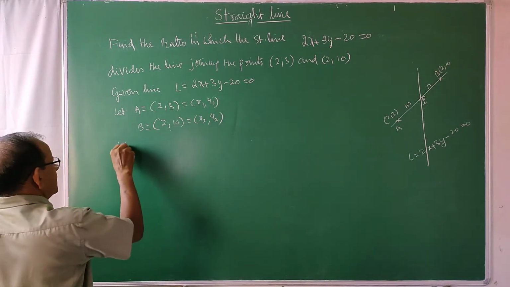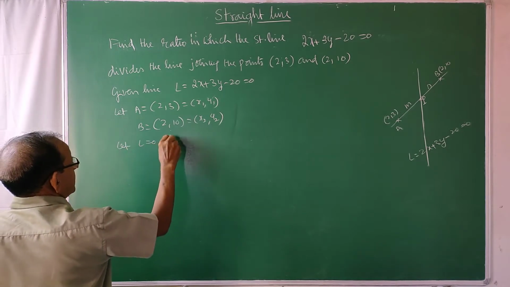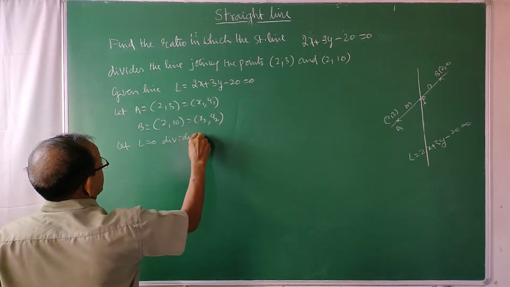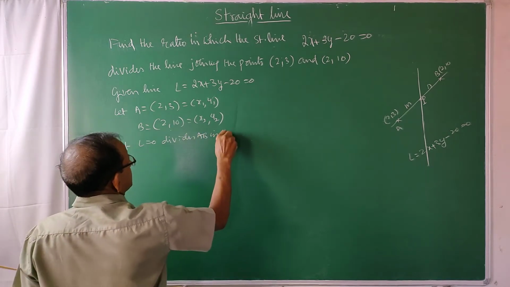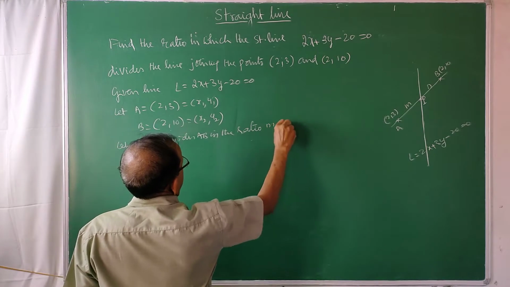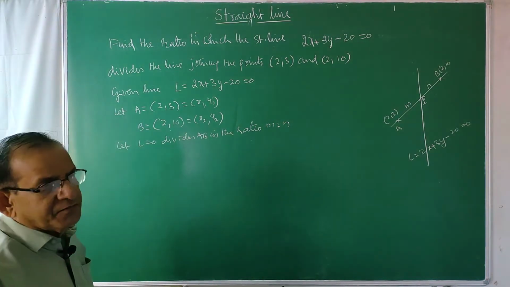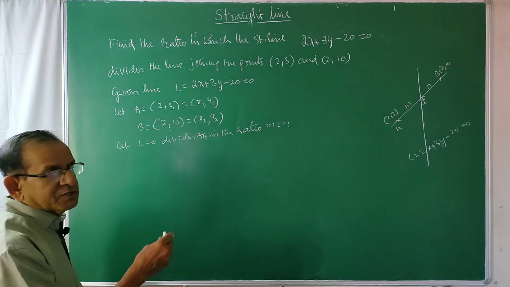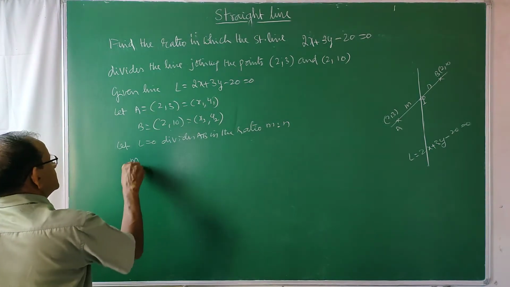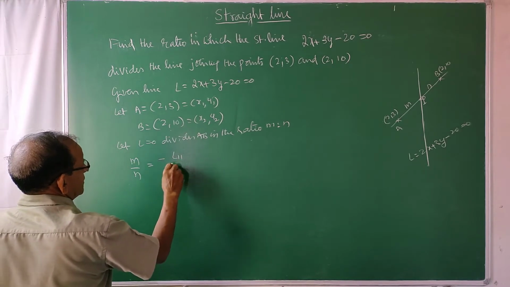Let L is equal to 0 divide AB in the ratio m is to n. Then the formula is m by n is equal to minus of L11 by L22.